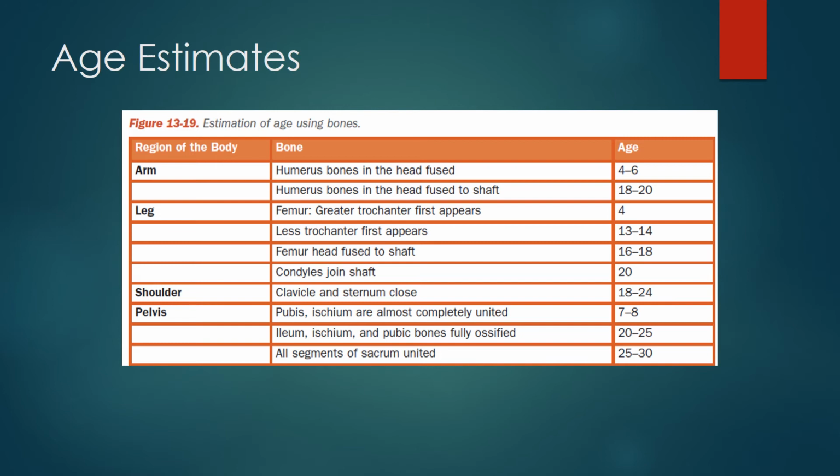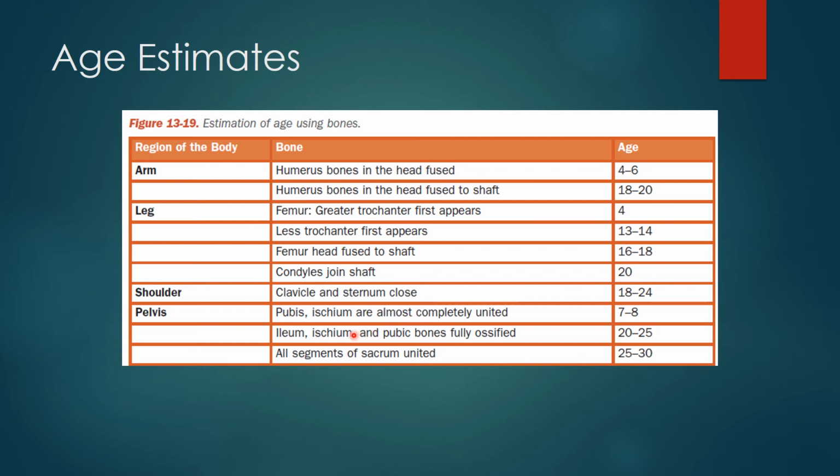In your shoulder, between the ages of 18 and 24, we've got the clavicle and the sternum closing. So that is your collarbone, and then your sternum runs in between your ribs. In the pelvis, the pubis and ischium are almost completely united between the ages of 7 and 8.